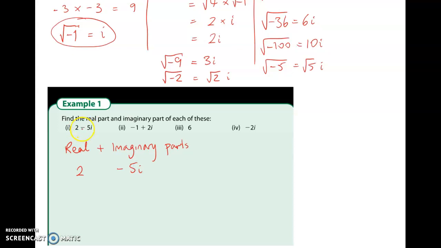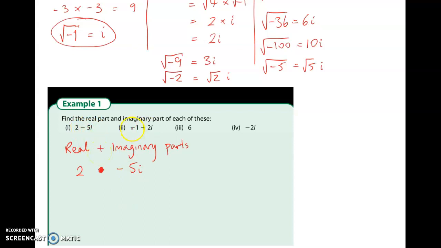Okay, now there's a negative in between. I suppose we're just adding a negative number. We just don't bother writing that plus sign in there. It's just 2 and minus 5i. So the 2 is the real part, and minus 5, or you might say minus 5i, is the imaginary part. You're allowed just to look at the number, or you're allowed to take the number with the i with it.